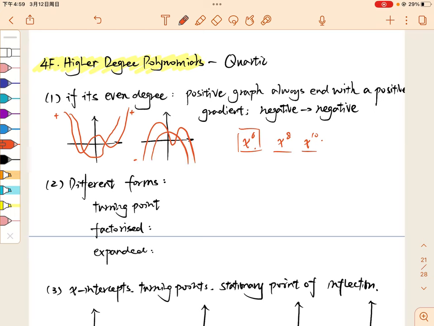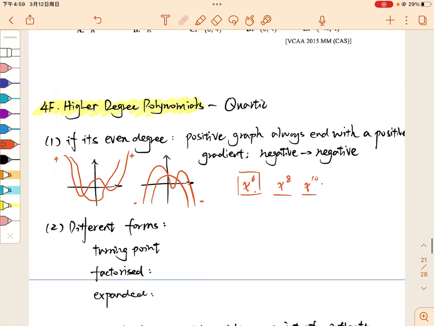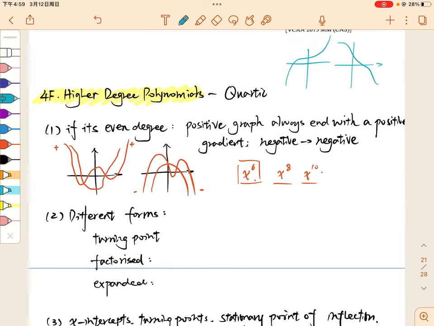So negative to negative. This is exactly in contrast with what we just saw in the cubic function. In the cubic one, we saw the graph would always be like this or this. But for an even function, it always goes from the same to the same. Positive is positive to positive. Negative is negative to negative.